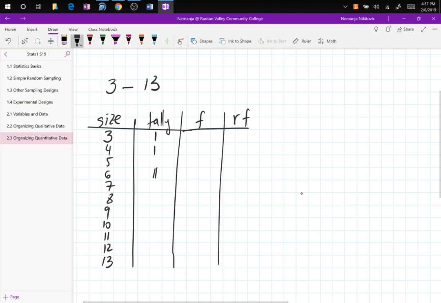Let's say 2 6s, and then 4 7s, and then 5 8s, and then 3 9s, and we'll go with 9 10s, 4 11s, 3 12s, and me. All right, good.